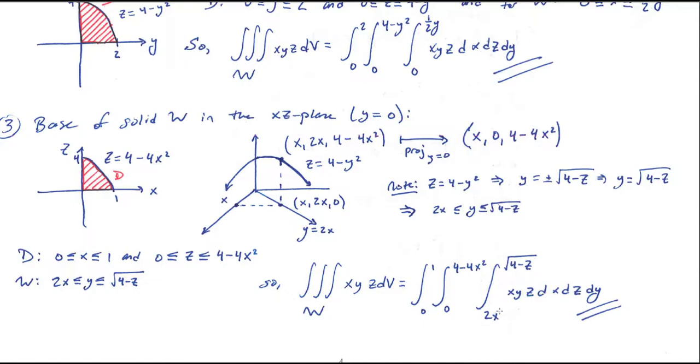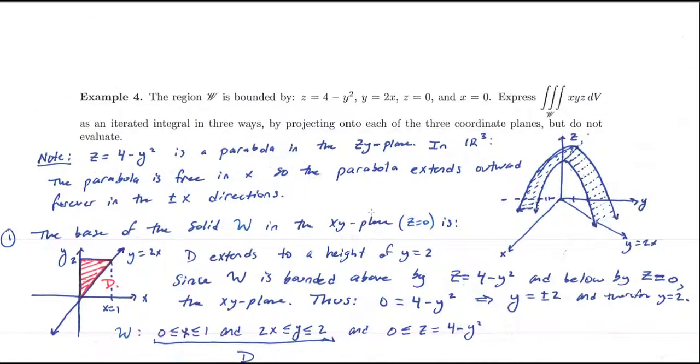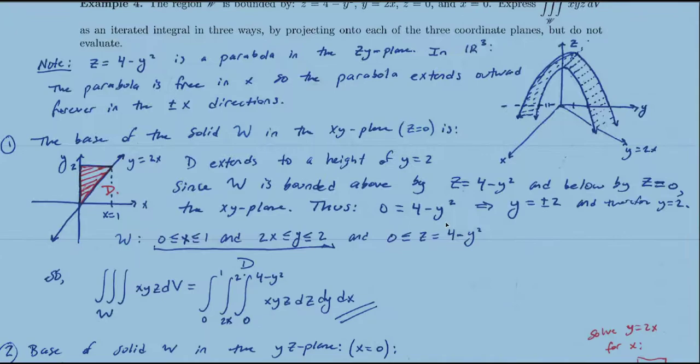Okay, so here we should have y equals 2x, and here we took the equation of the parabolic cylinder and solved that for y. But when we solve this for y, we're going to get 2 halves. Let's go back down here and take a look at this.